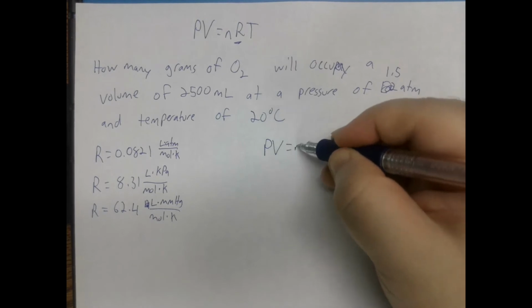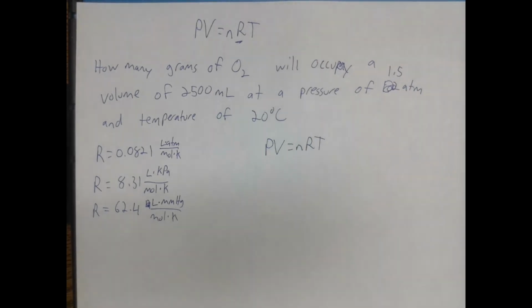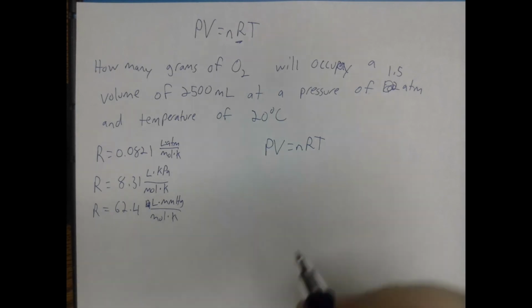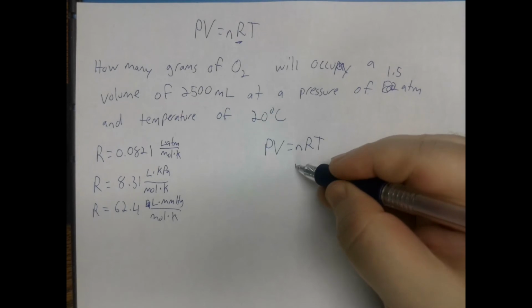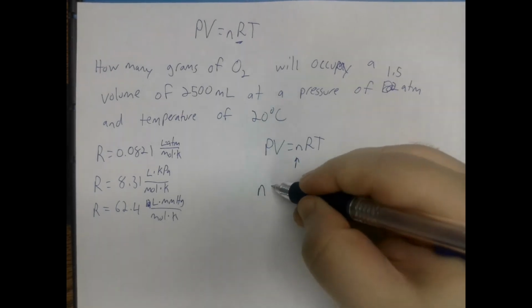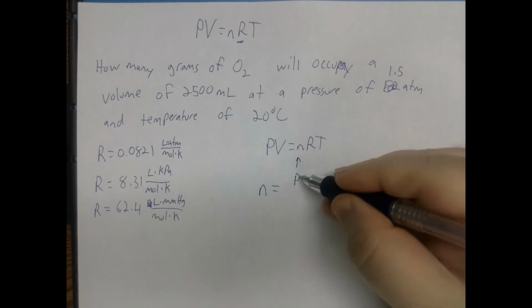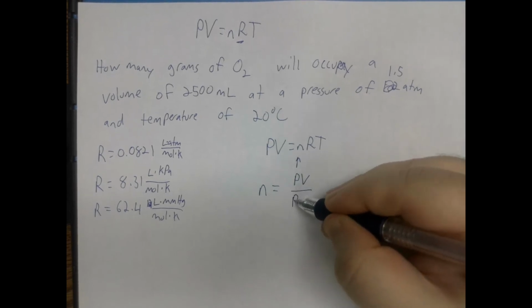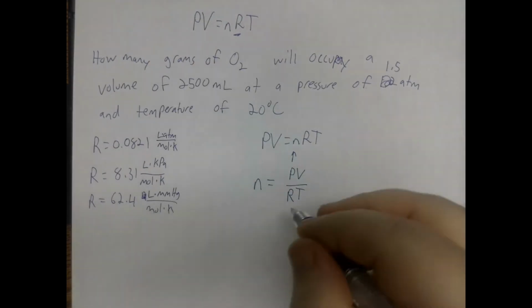And this is our equation. Again, if you know moles, you know grams. So basically we need to solve for number of moles first. N would be equal to pressure times volume over the constant RT, or R times temperature.